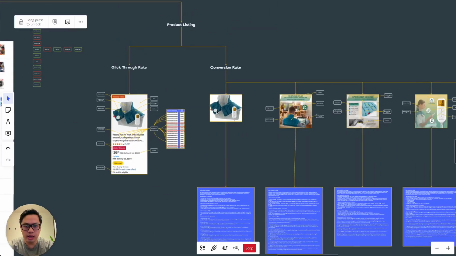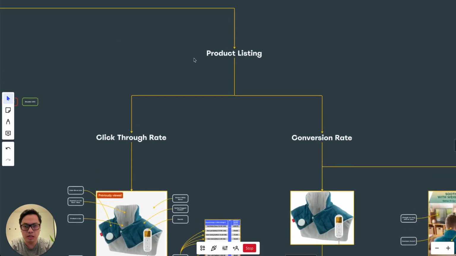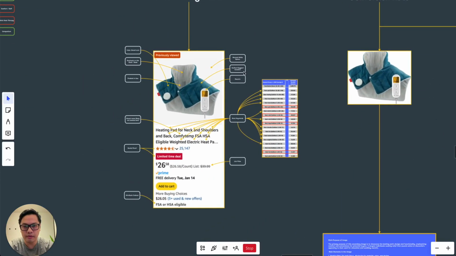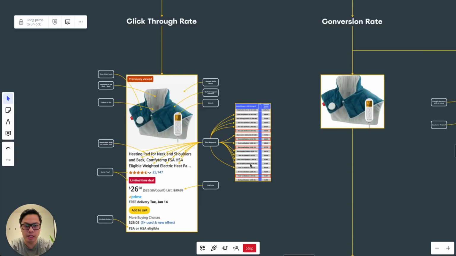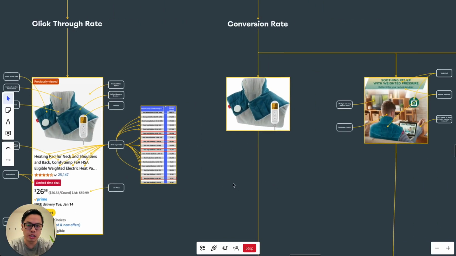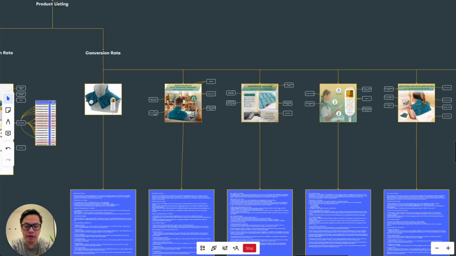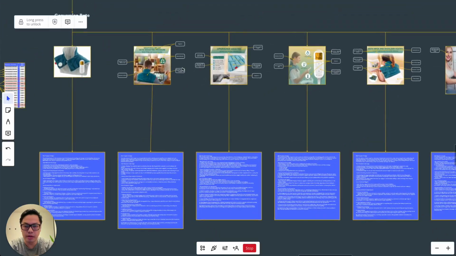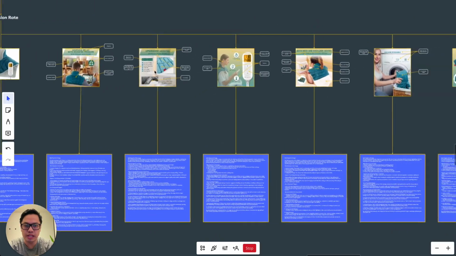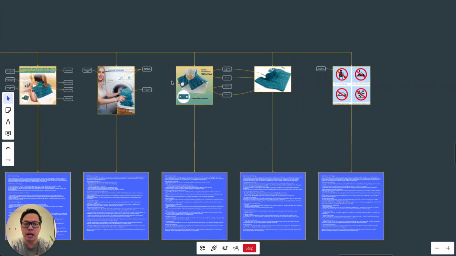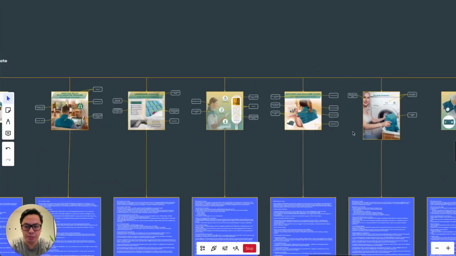Then we're going to take our actual case study product and review the product listing for click-through rate on the main image that shows up in the search engine. We're going to compare it against our keyword groups and what we found there. Then I'm going to break down what each of these images are and what this product could actually do better.